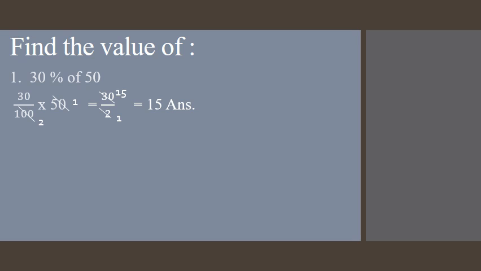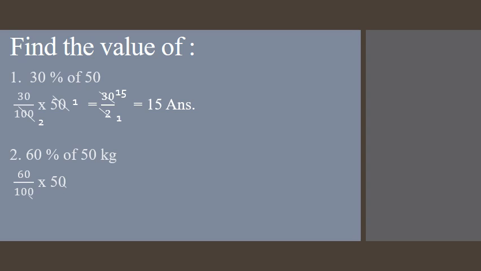So now let's move to the next question. 60% of 50 kg. So what is the value of 60% of 50 kg? Let us see. 60% means 60 out of 100. That is 60 upon 100. Of means multiply. So 60 upon 100 multiply by 50. Again children, we can divide 50 in the numerator and 100 in the denominator by the common number 50.